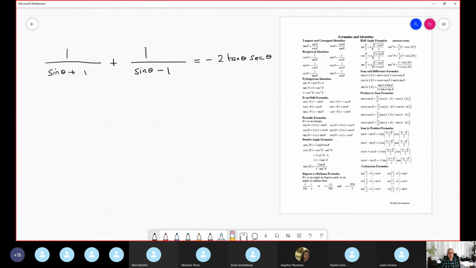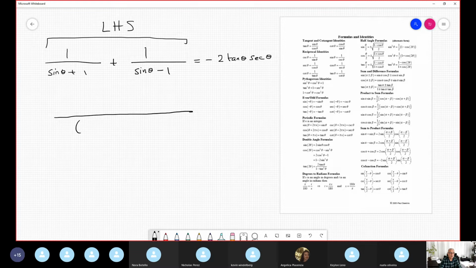It's obvious that you manipulate the left hand side, which is more complicated. It's also obvious that it's never legal to leave 2 fractions separate; you combine them into only one. And it's obvious that the least common denominator is sine theta plus 1 times sine theta minus 1.